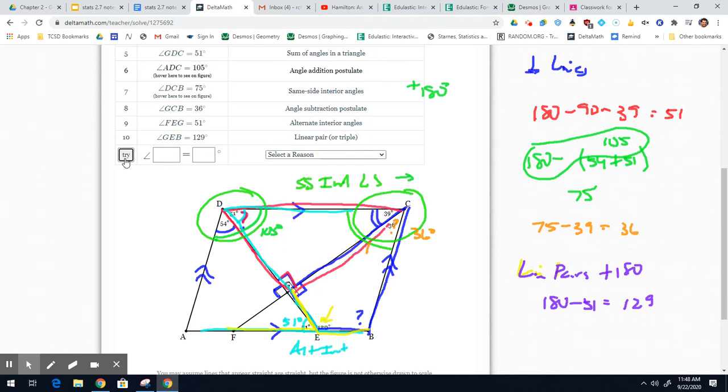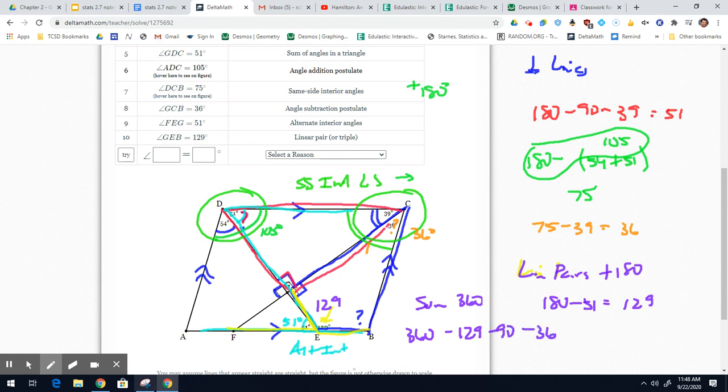And now I have the three angles in this quadrilateral. I have a 90-degree angle, 129, and 36. We're going to use that the sum of the angles of a quadrilateral is 360. So we'll do 360 minus 129 minus 90 minus 36.